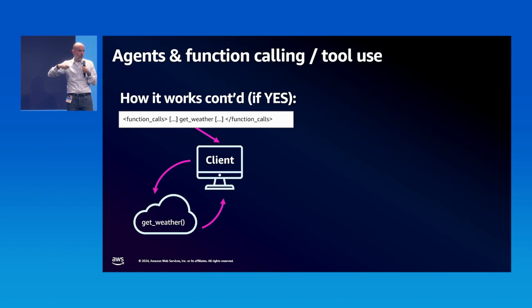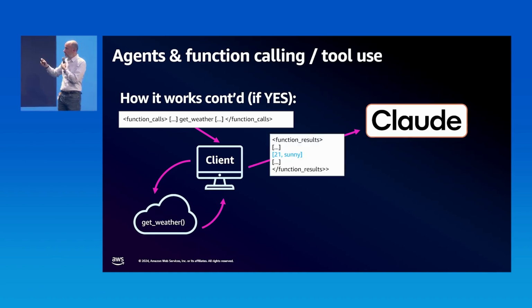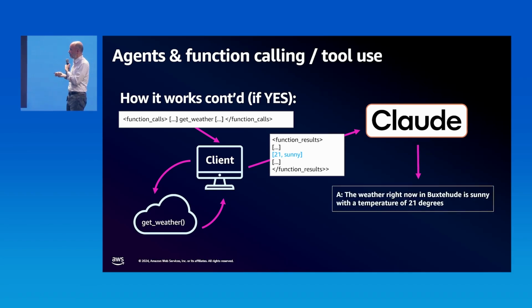In this example, it would call the weather function. And then you inject the results back into their own XML text, like function results. And then you send the whole thing back to Claude: the system prompt, the user question, the function call, the function results, and then you let Claude decide what to do next. And then Claude sees, oh, I have everything I want, I have the weather data, I can now give a great answer, and then you get your answer.